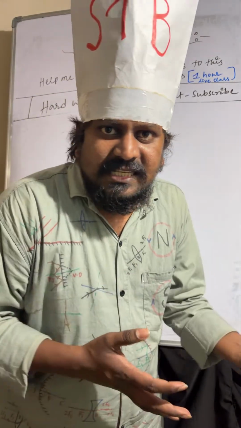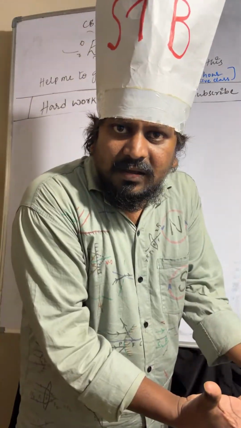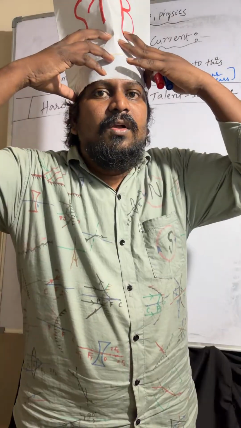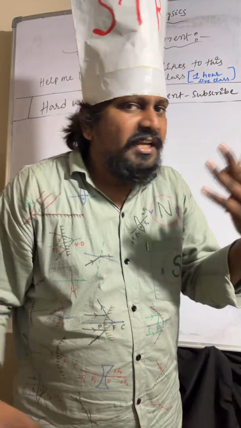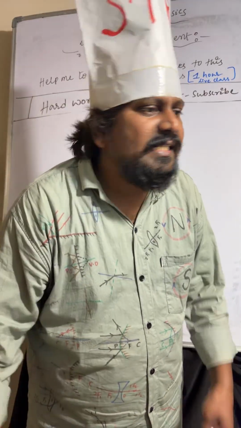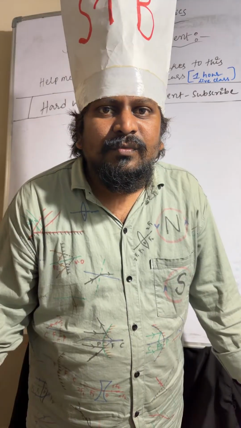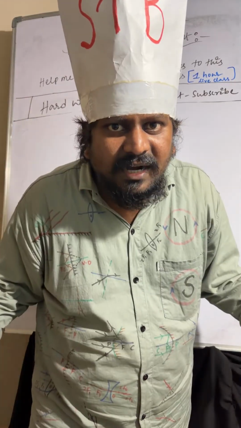What is the procedure? What is the circuit diagram? What is the graph and what is the tabular column? So: definition, materials required, circuit diagram, procedure, tabular column, graph. We have to discuss all these points, right?